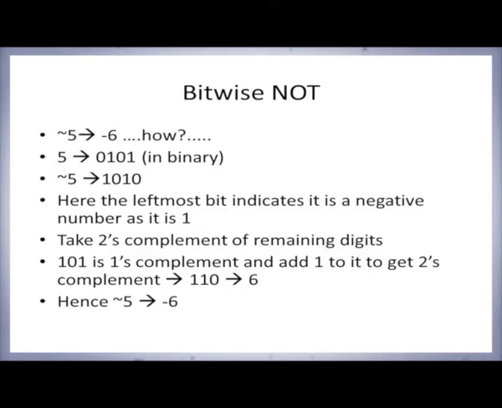Apart from bitwise NOT, which is a unary operator, all are binary operators. Did you notice the output of bitwise NOT? Why is it negative? The bitwise complement of 5 is minus 6 instead of 10. For an integer operand, the bitwise complement of n is minus n plus 1.